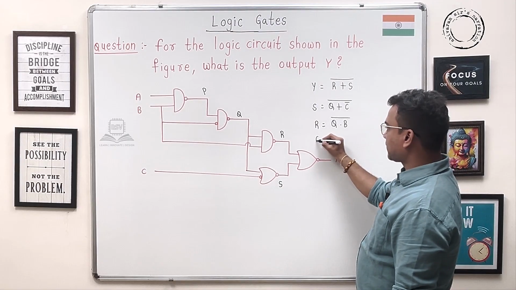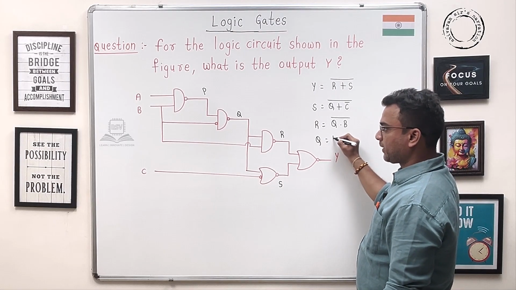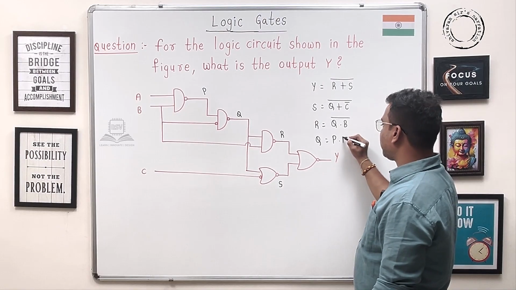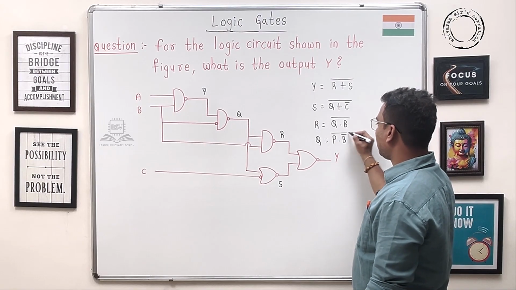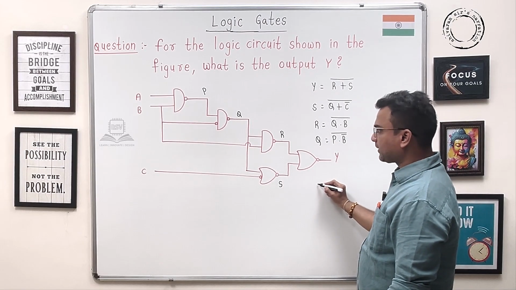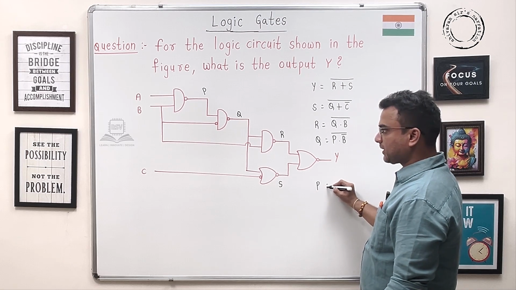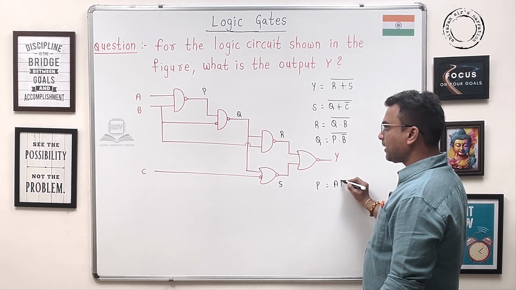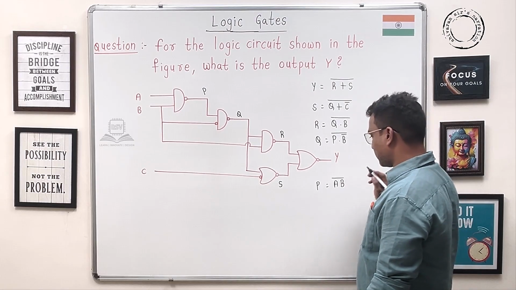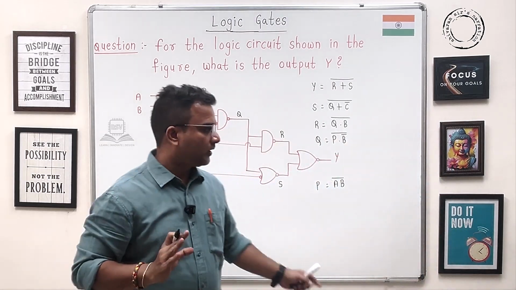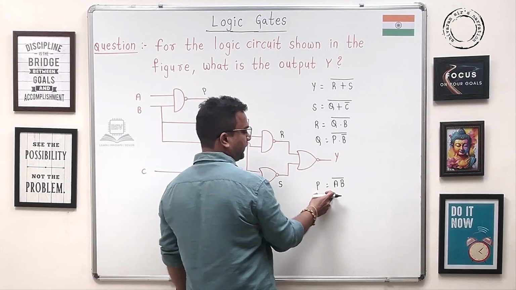Similarly Q is (P into B bar) whole bar, and P is (AB) whole bar. This one, guys.